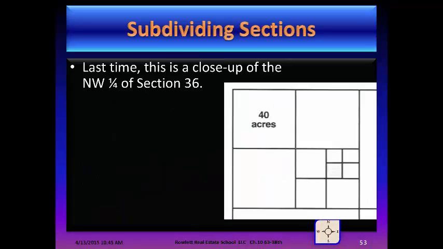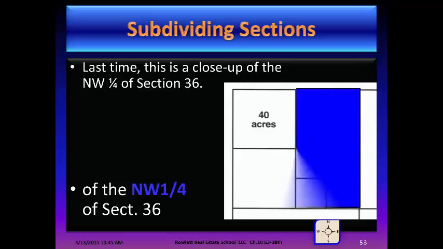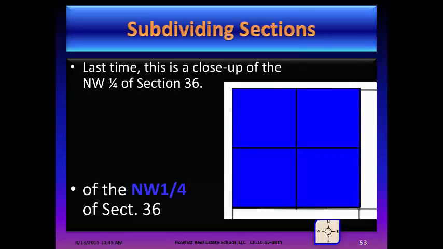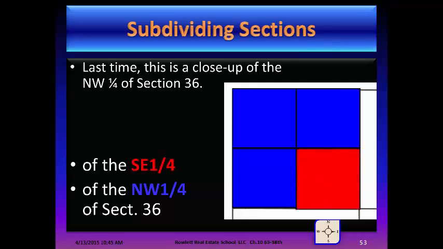Last time, here's a close-up of the northwest quarter of section 36. So, the northwest quarter is the entire northwest chunk, which we colored blue. And then the southeast quarter of the northwest quarter is the red, because it was in the south, the bottom, east, the right side.